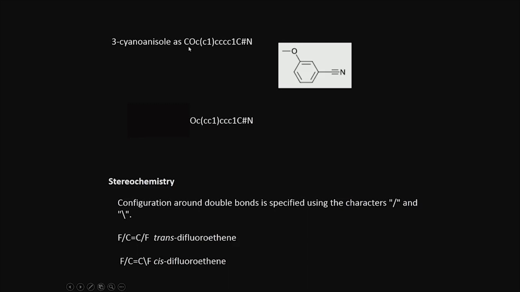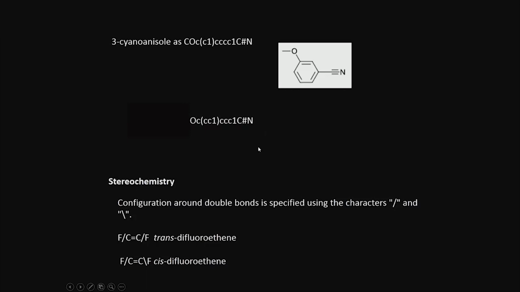So, you can see CO, that is it starting from there, from that corner, COC, that means you are coming here, and then this C1 is like this, and then you have C1 C triple bond N. Okay. So, this C1 means here, and then C triple bond N, they are all connected.